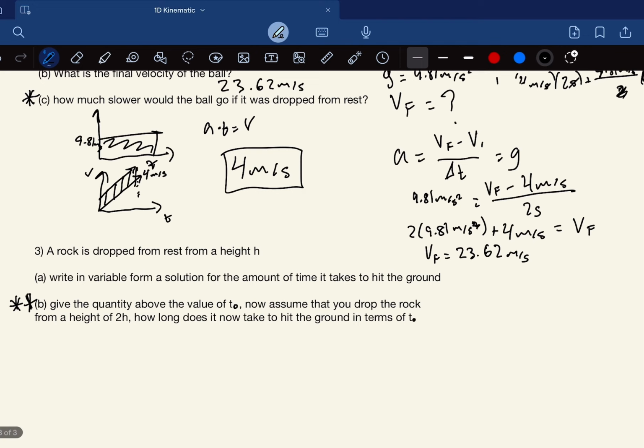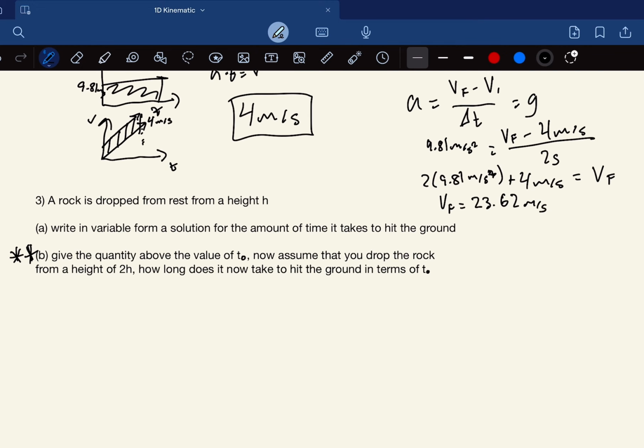So, last question. A rock is dropped from rest from a height h. This is just a full variable form question. Write in variable form a solution to the amount of time it takes to get to the ground. So we want g in variable form, or a equals g.